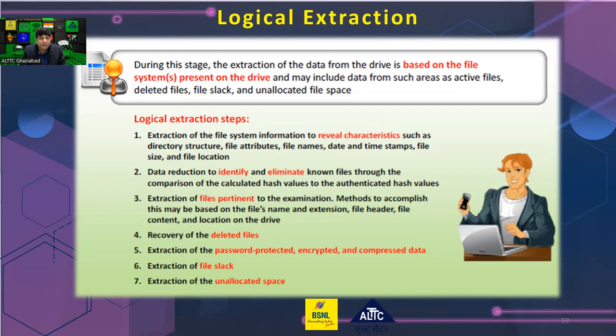Extraction of the files pertinent to the examination; methods to accomplish this may be based on file names and extensions, file headers, file content, and location on the drive. Recovery of deleted files, extraction of password protected, encrypted and compressed data, extraction of the file slack, and extraction of the unallocated space.